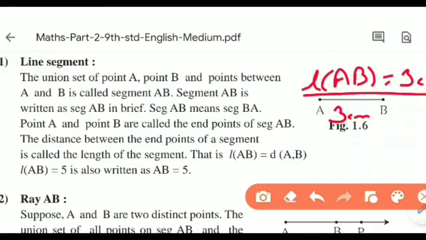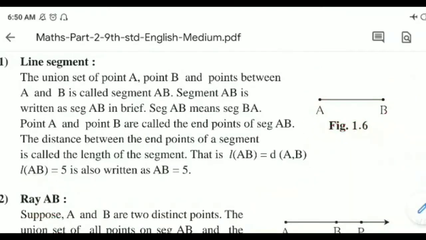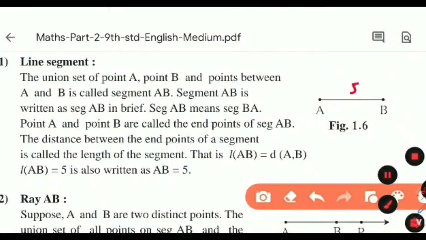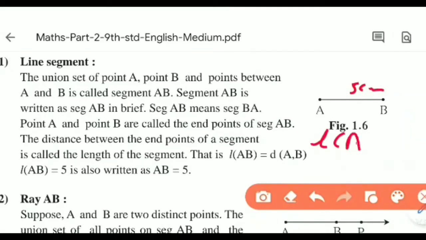Here, if length of AB is given as 5 centimeter, then you write here length of AB equals 5 centimeter. Okay, in this way.